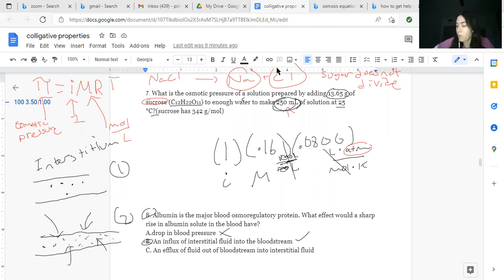So what we have to do is cancel out the temperature, which means our temperature must be in Kelvin. So let's convert 25 degrees to Kelvin by adding 273.15. And that's it. You will solve for osmotic pressure like that.